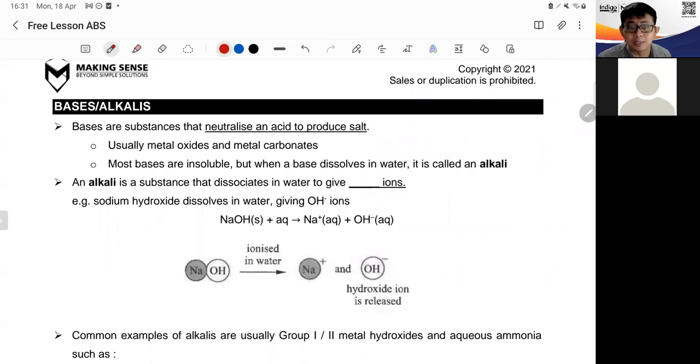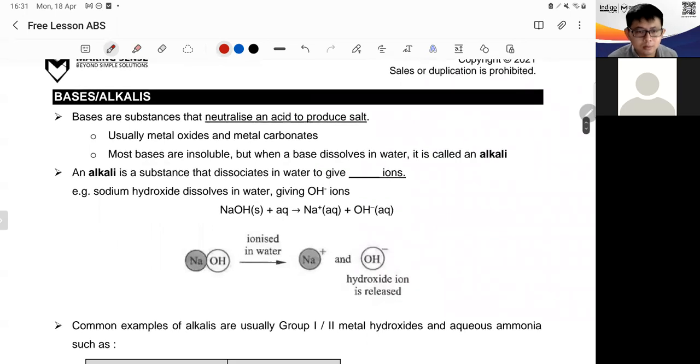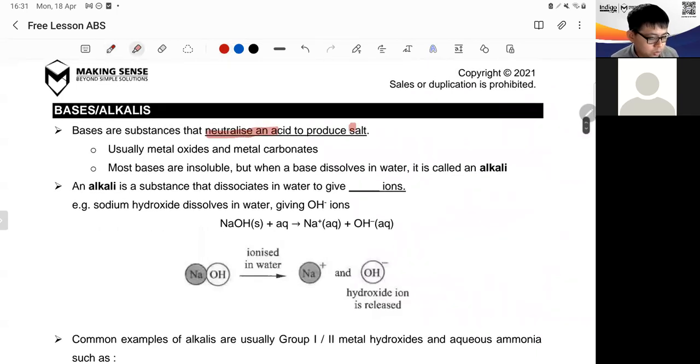Now let's talk about bases. Bases and alkalis together: bases in general neutralize acids to produce salts. Usually that's what they do. Most bases you realize are insoluble, and if a base is able to dissolve in water, it is called an alkali.